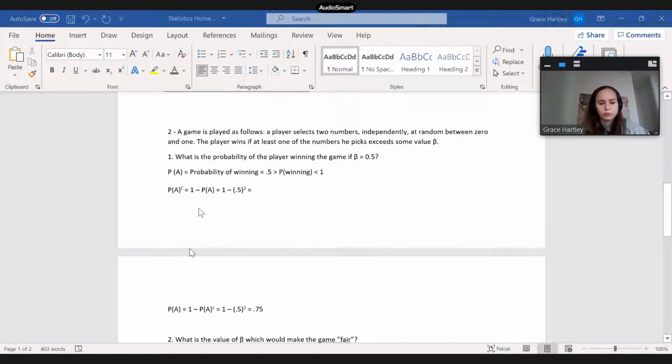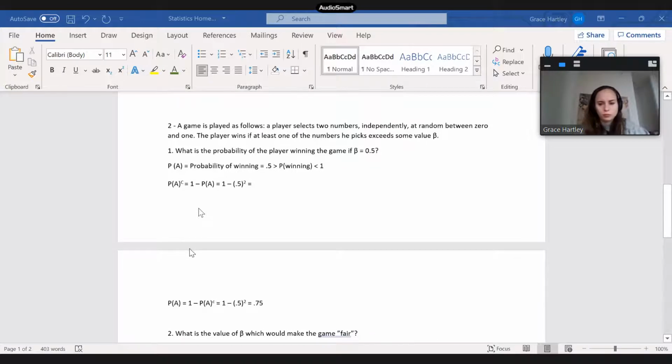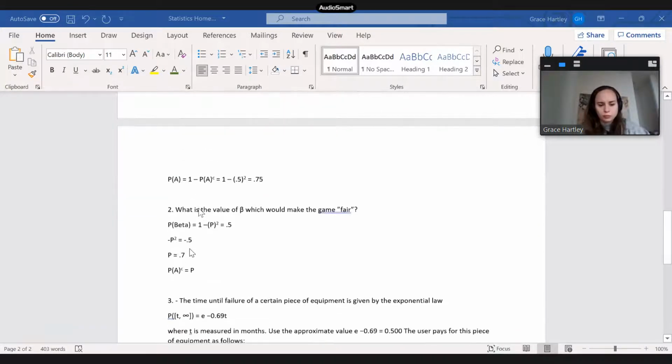So now, the first simple question: if that player only picks one time, what is the probability of winning when beta equals 0.7? You only pick one time, and it's 0.7, you have a 70% chance of winning. But you have to exceed 0.7 on a scale of 0 to 1. You pick a number greater than 0.7. So it's a continuous model.